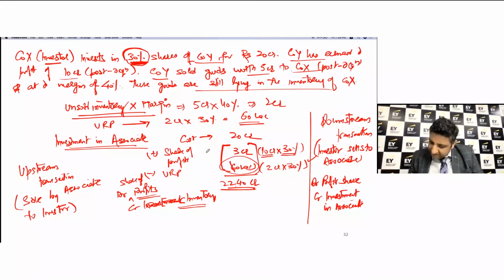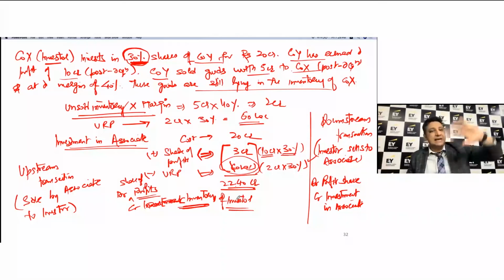Effectively, you're still doing it this way, whether the sale is made by the associate to yourself under an upstream transaction, or by yourself as an investor to the associate under a downstream transaction. Impact is eventually the same, but here, since the inventory of the investor had inflated, at the balance sheet level you would see the impact, not on the profitability level.